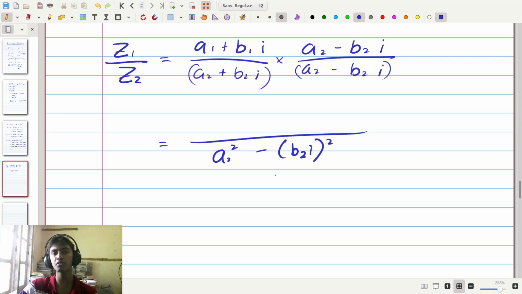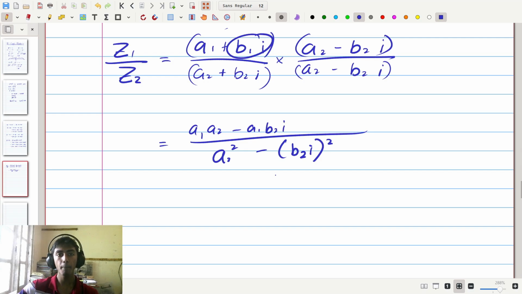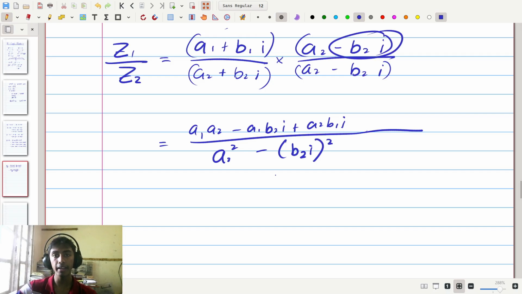Now on top, if you consider what's going to be happening, we have a1 plus b1 i times a2 minus b2 i. Now if we apply the distributive property here, we can see we're going to have a1 times a2. So on top we have a1 a2. Then we're going to have a1 times negative b2 i, so minus a1 b2 i, and then we're going to have b1 i times a2, so positive a2 b1 i, and finally plus b1 i times minus b2 i.